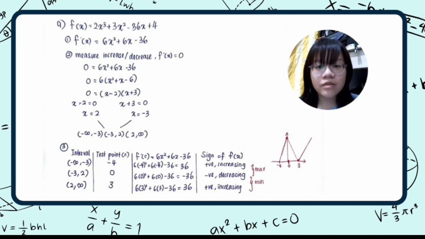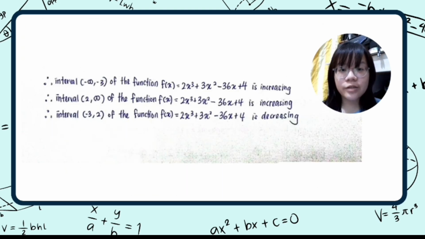As in the graph over here, the smiley graph, we can see that when the movement goes from positive to negative across the critical value, we have a maximum point, while the movement from negative to positive across the critical value gives a minimum point.